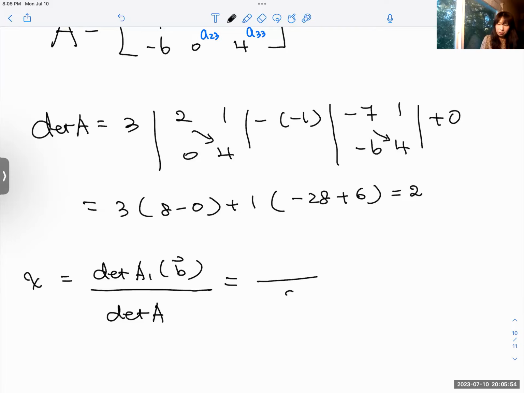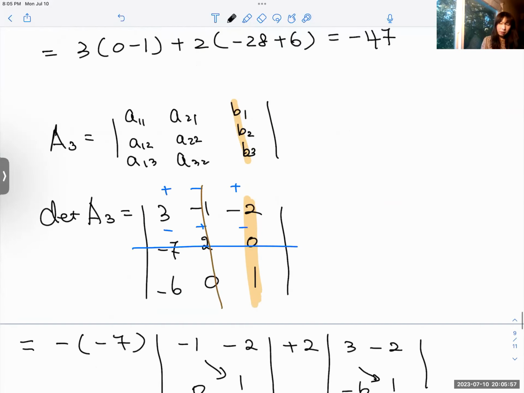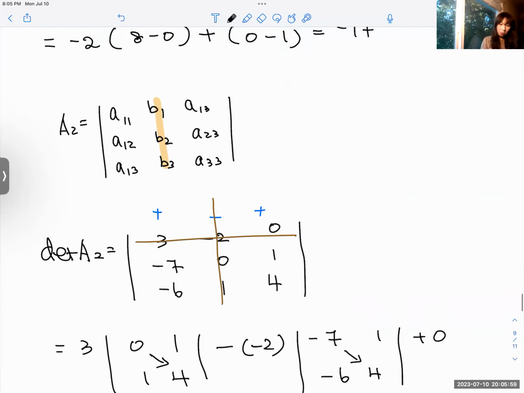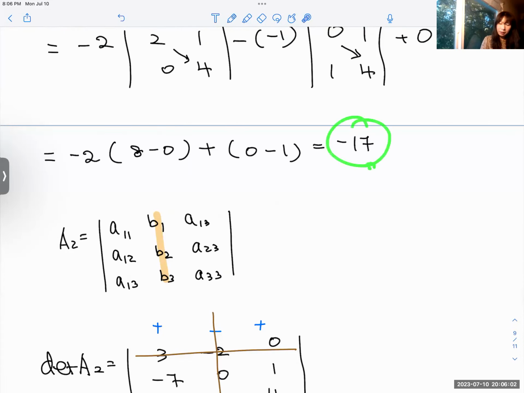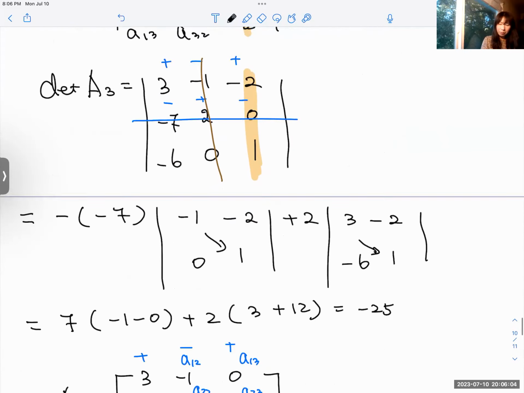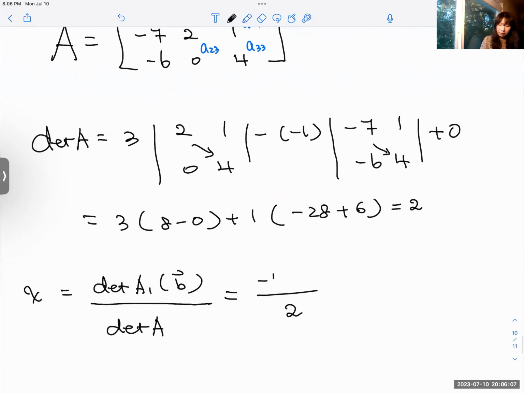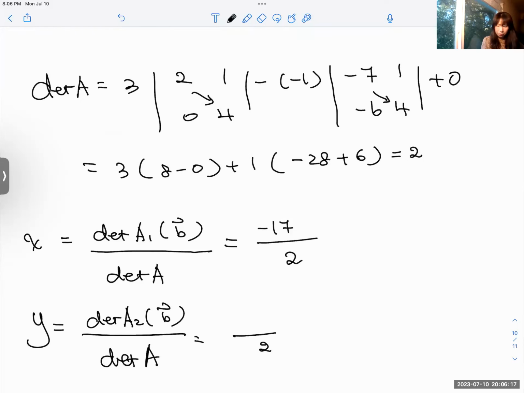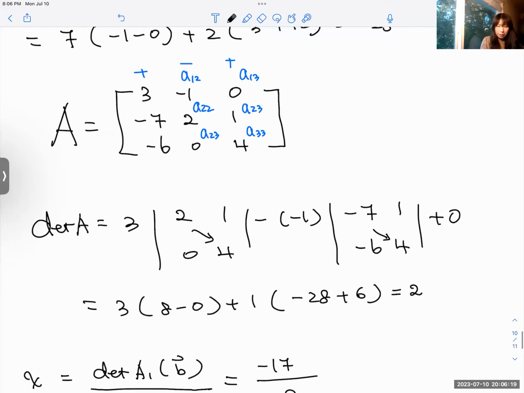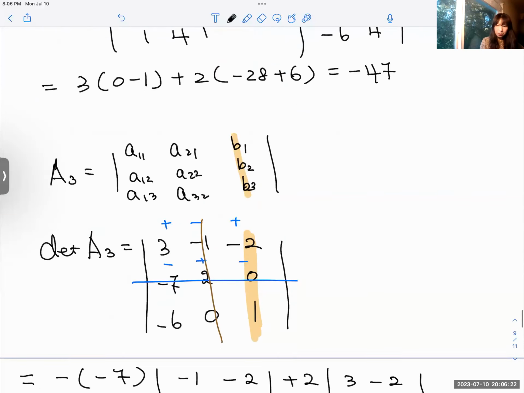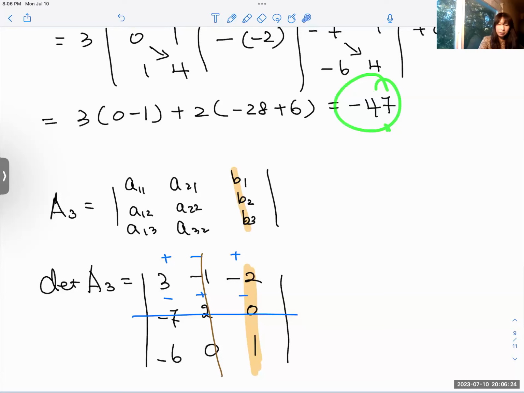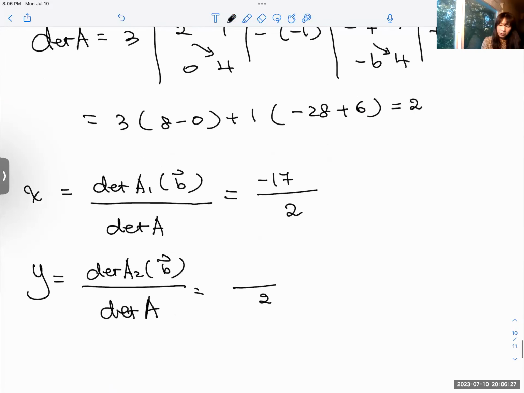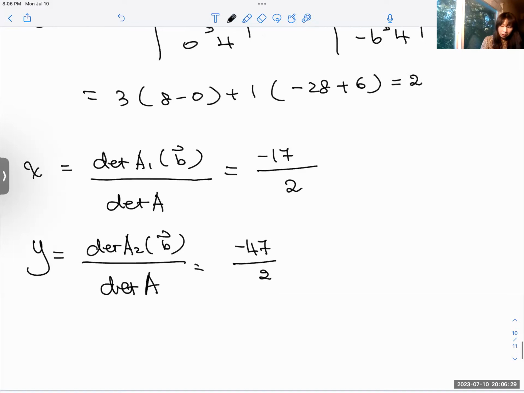So we have 2 and A sub 1, which is negative 17, so x is negative 17 over 2. And y equals determinant of A sub 2 over determinant of A, so there's a 2, which is negative 47 over 2.